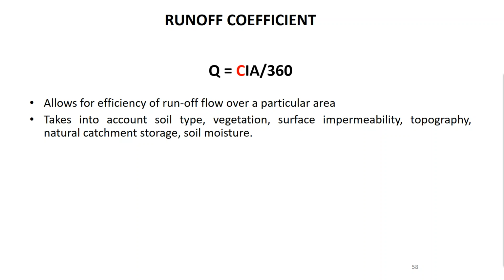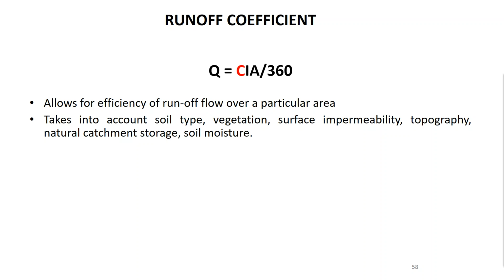It is the stuff that runs off the ground that is of concern. That's what you need to design your drainage system for. The rain that infiltrates into the ground doesn't enter your drainage system, so therefore you don't have to account for it. So all the C value does is tell you what percentage of the rain that's falling on a particular area is actually going to be entering your stormwater system.